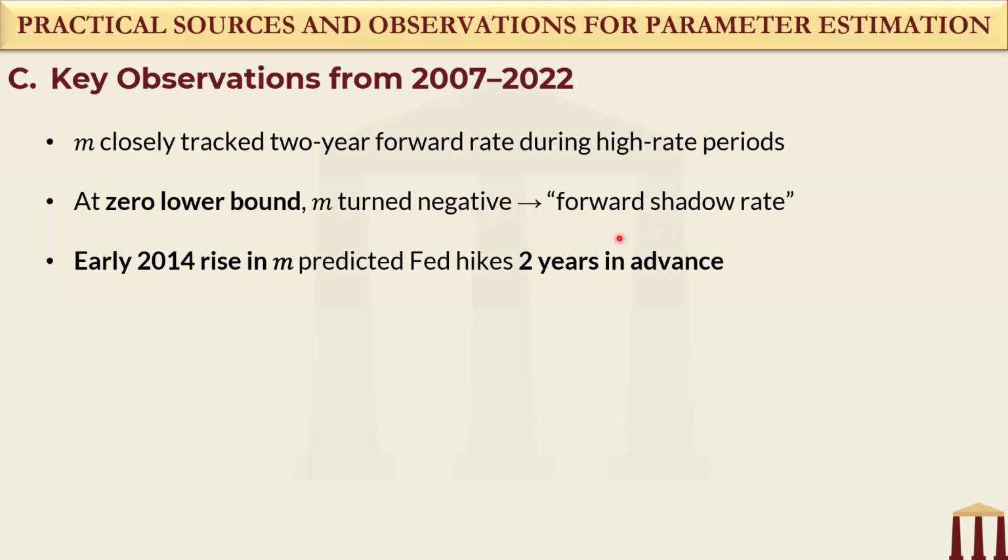And one of the most striking observations came in early 2014. The medium term factor began to rise steeply, well before the Fed actually raised the interest rates. So it had anticipated the Fed's rate hikes nearly 2 years before they happened.